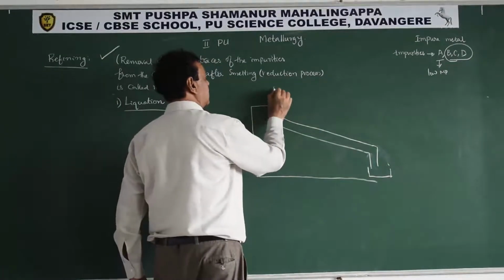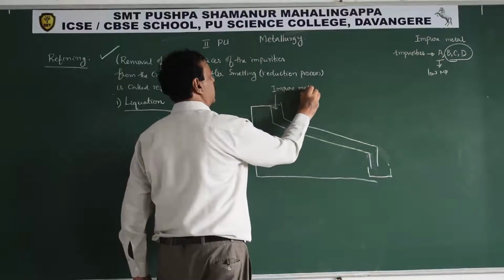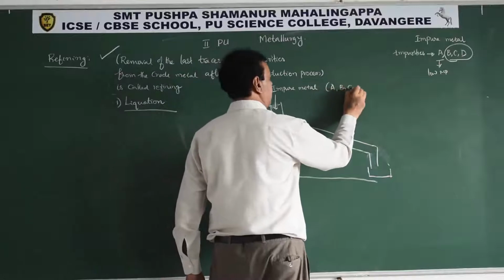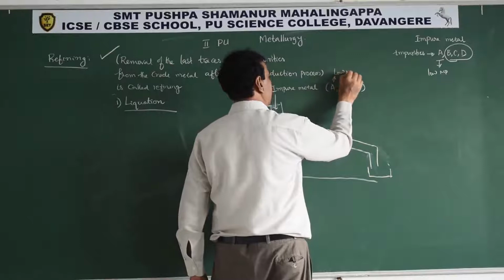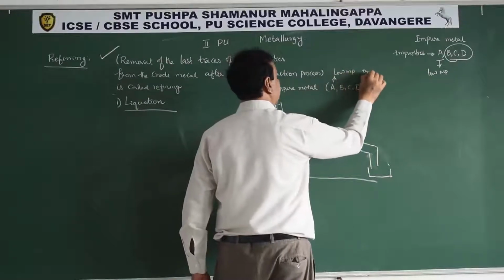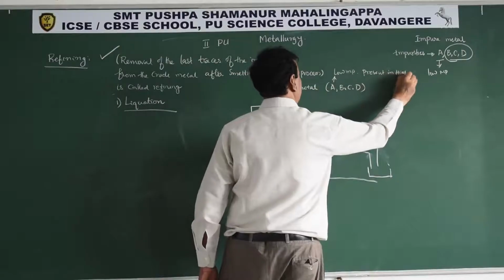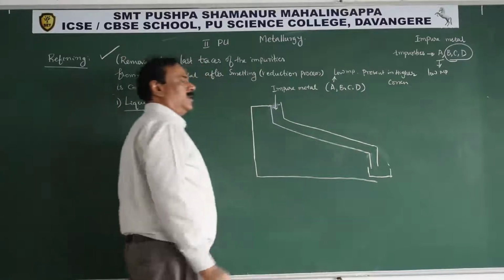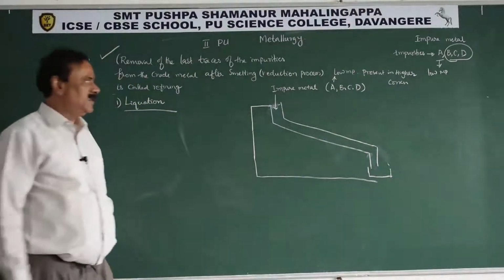Suppose A, B, C, D are present. A has a low melting point and is present in higher concentration. Then our objective is to remove B, C, D.